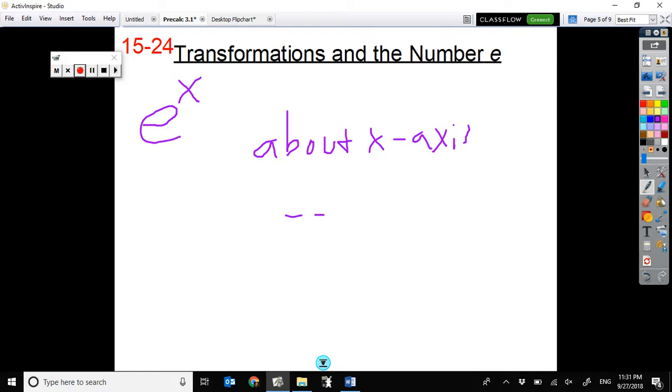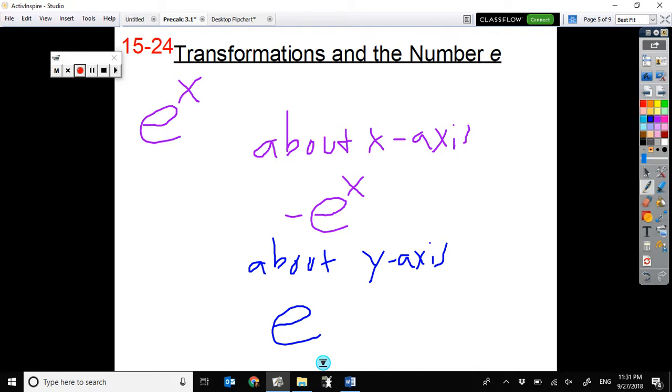So it would look like that. If I wanted to reflect it about the y-axis, then it's going to be e to the negative x, because I put the negative with the x.